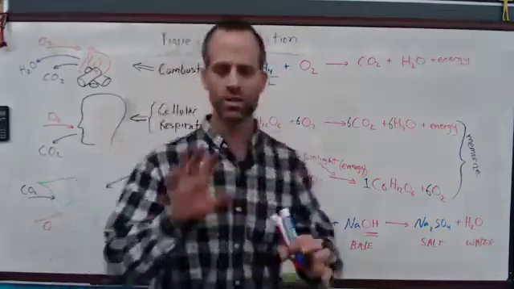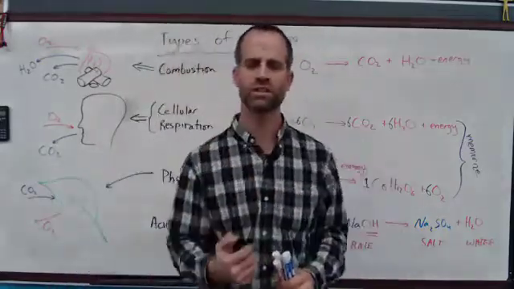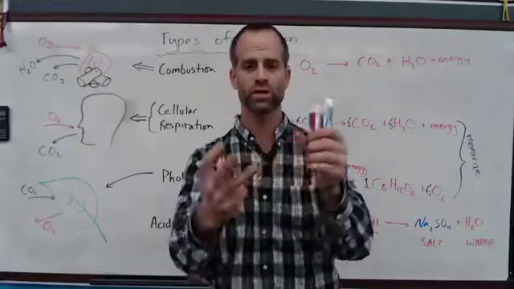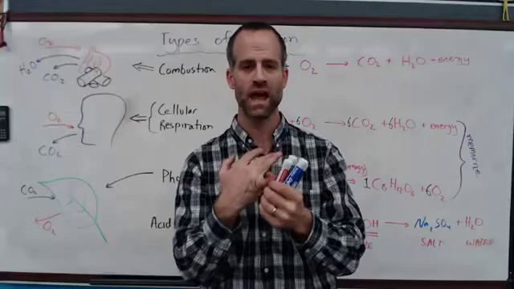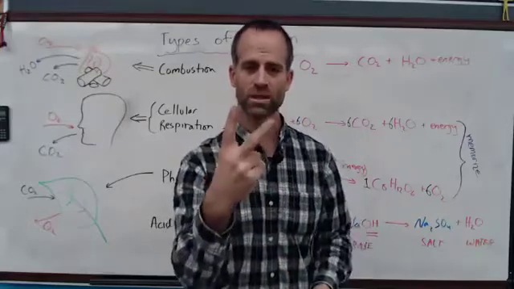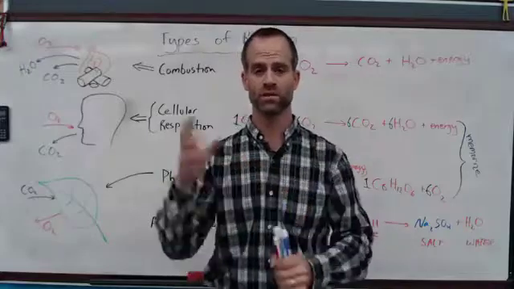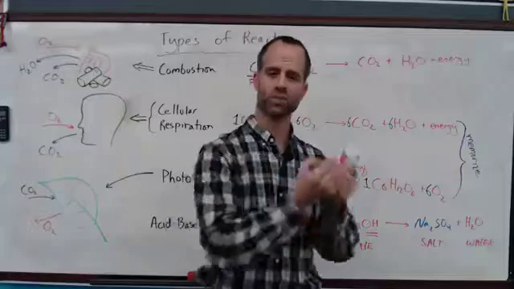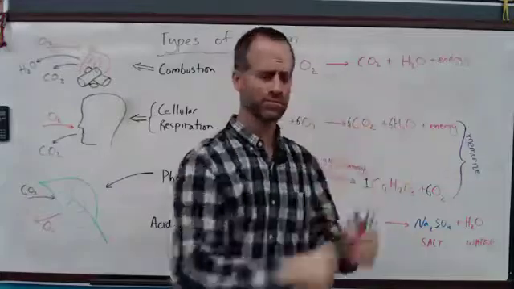So let's go over it just one last time. There are 4 types of equations you need to know. You need to know combustion, cellular respiration, photosynthesis, and acid-base neutralization. Combustion and cellular respiration are really similar because both have a fuel with oxygen, and when they react, they produce carbon dioxide and water.